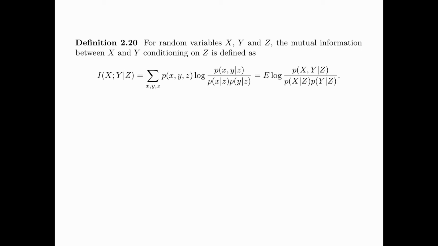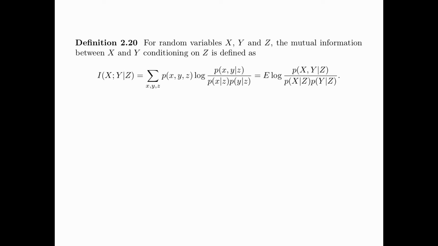Next, we define conditional mutual information. For random variables X, Y, and Z, the mutual information between X and Y, conditioning on Z, is defined as I(X;Y|Z) equals summing over all x, y, and z, p(x,y,z) log of p(x,y|z) divided by p(x|z) p(y|z).